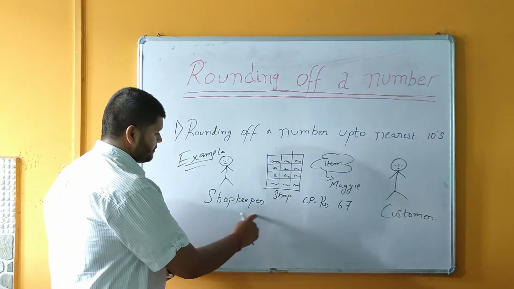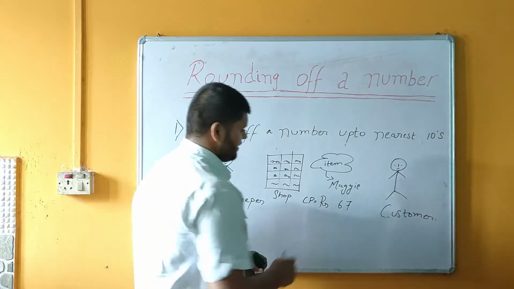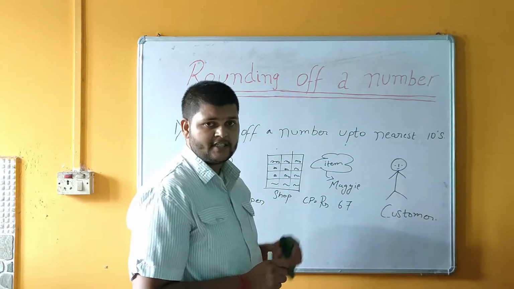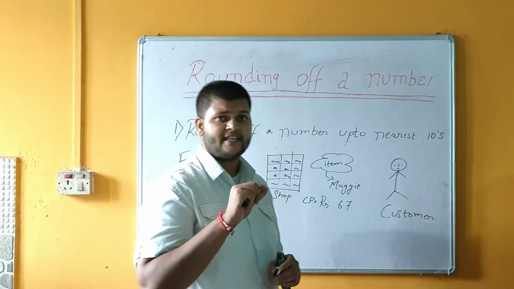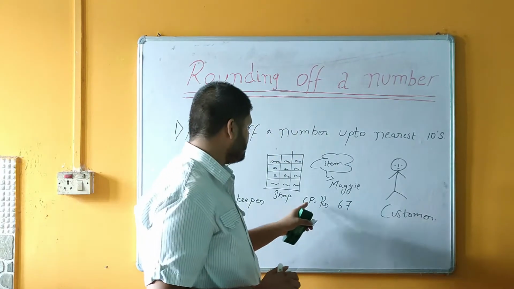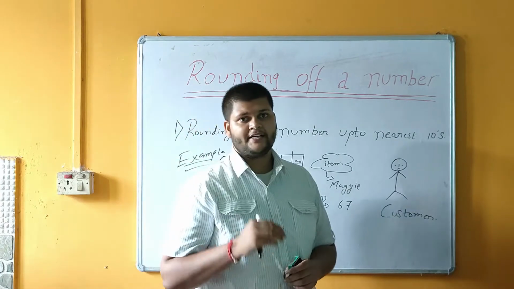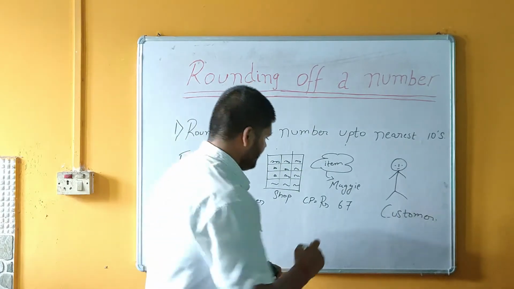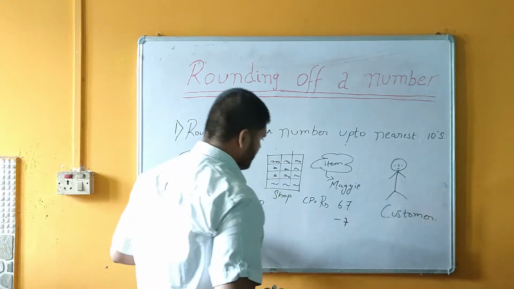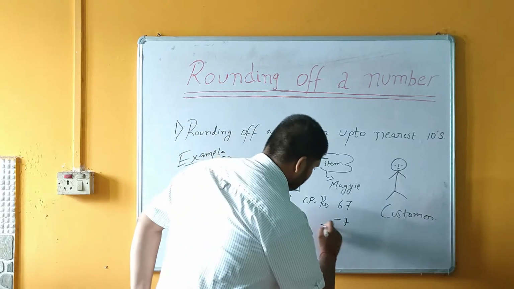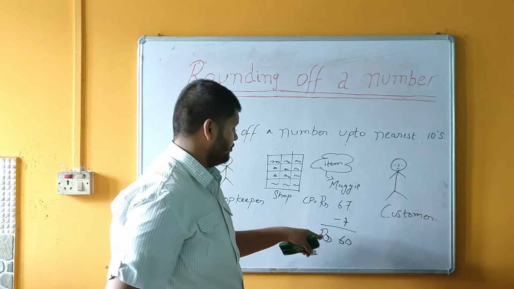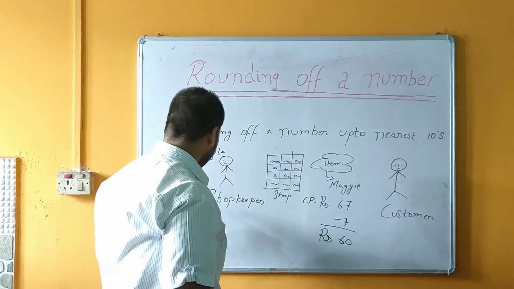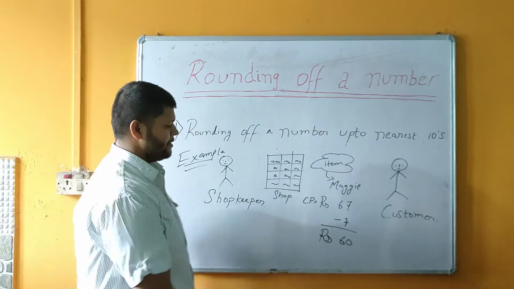So will this shopkeeper leave this 7 rupees for this customer? No. If the shopkeeper loses 7 rupees, then the cost price will come down, that is rupees 60, which is again a loss from the side of the shopkeeper.